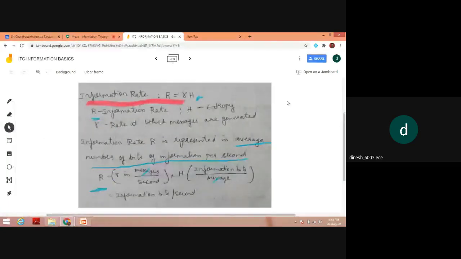Is this dashboard visible? It's a Jamboard. Is the Jamboard visible? Let me check.